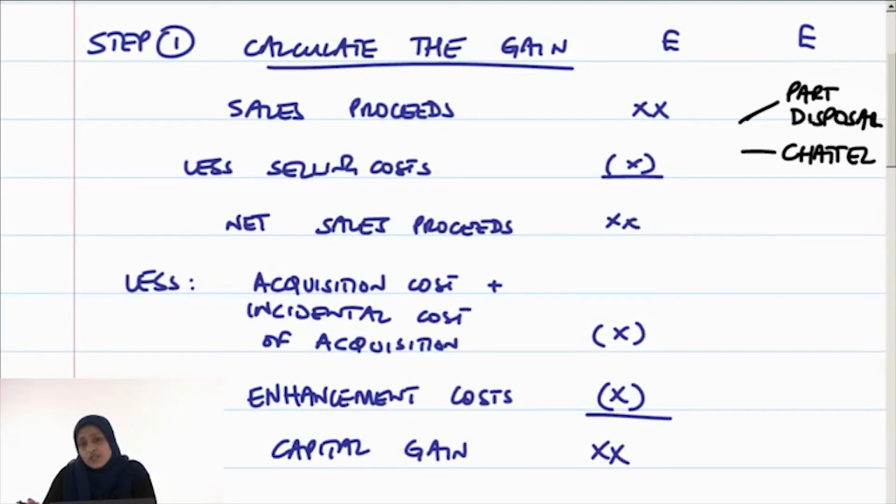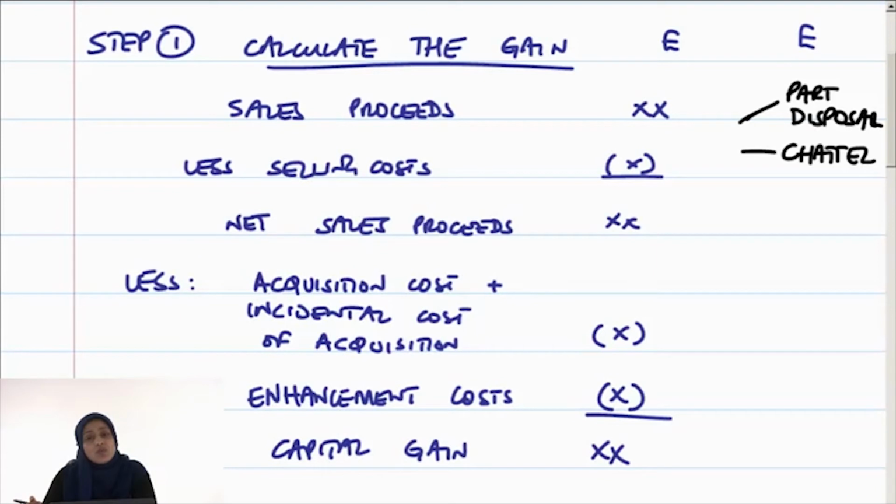If the sales proceeds of the chattel is less than £6,000 and the cost was also less than £6,000, then the chattel is an exempt disposal. But if, on the other hand, the chattel cost more than £6,000 and it was sold for more than £6,000, then you will use a normal computation.